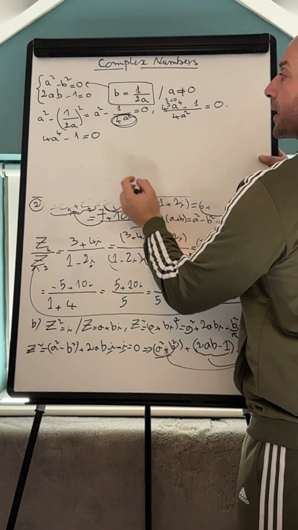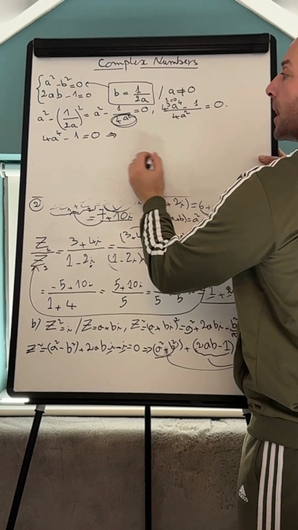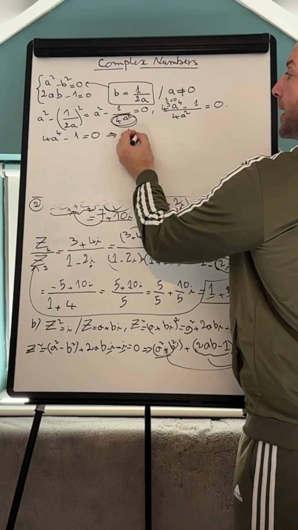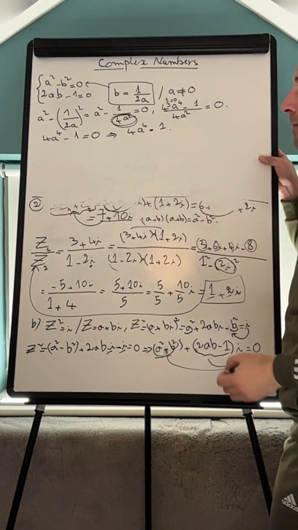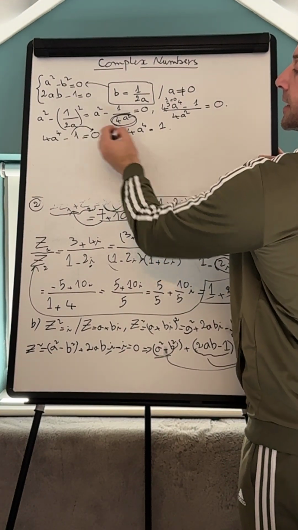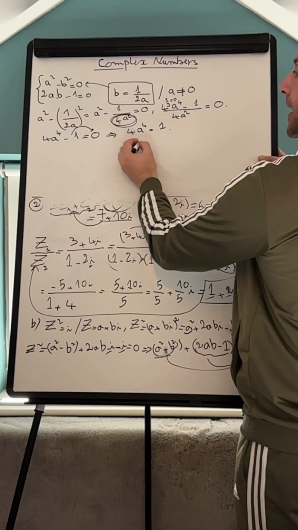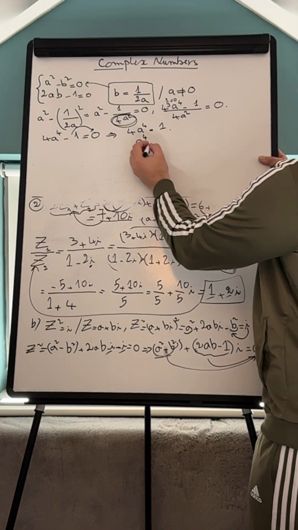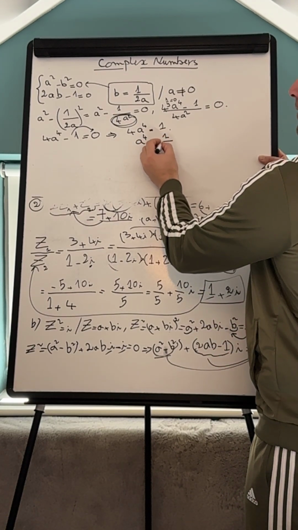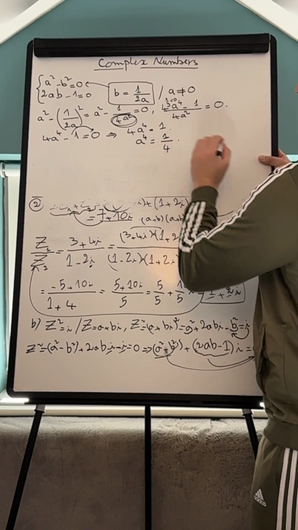And then from here, 4a to the power 4 equals 1. Basically I moved 1 to this side, and then from here a to the power 4 equals 1 divided by 4.